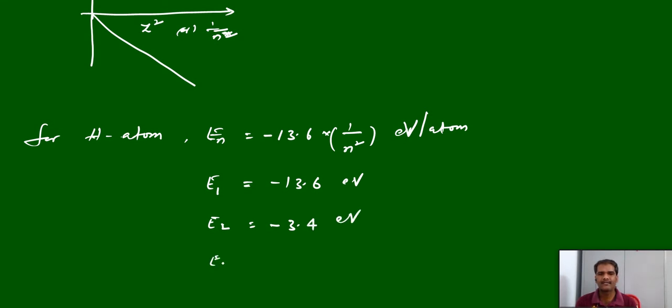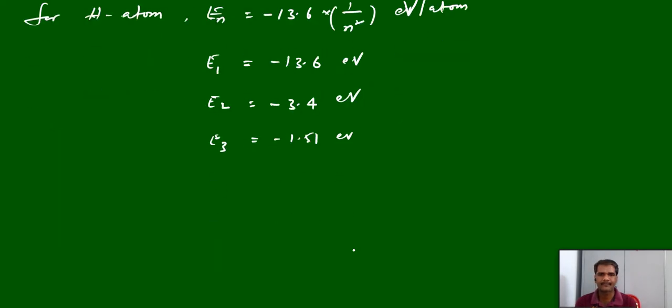And if we take E3, you will get minus 1.51 electron volt. And E4 value is minus 0.85, E4 means 13.6 by 16, and E5 is minus 0.54 electron volts, and so on.